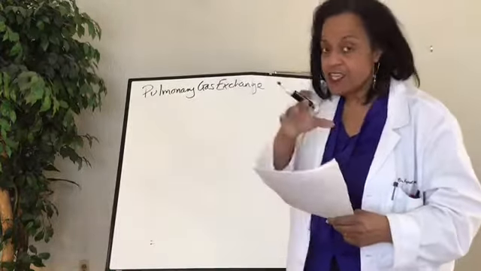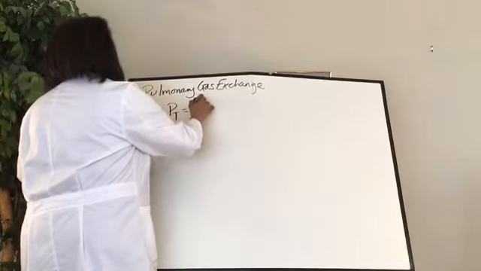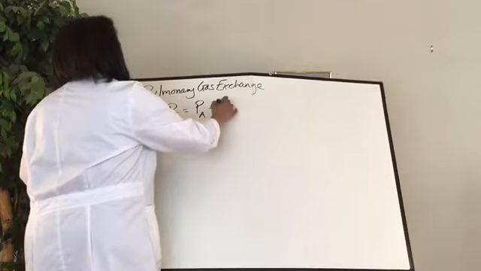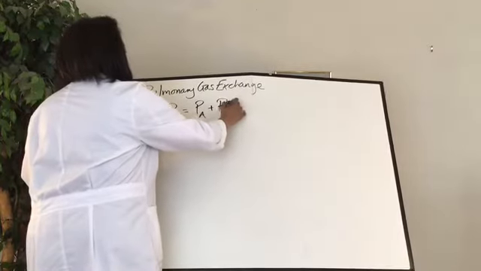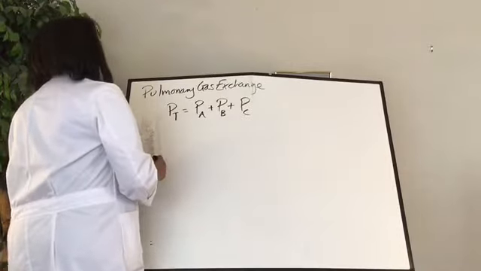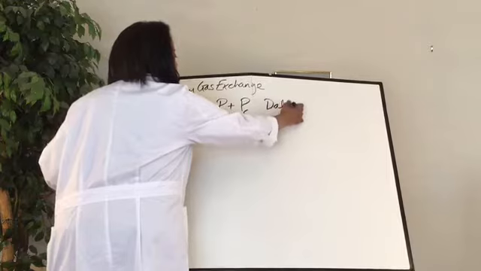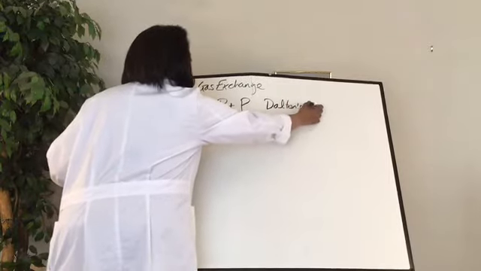Suppose you have, this is Dalton's law. P sub T is equal to P sub A plus P sub B plus P sub C. Okay? This is all Dalton's law.